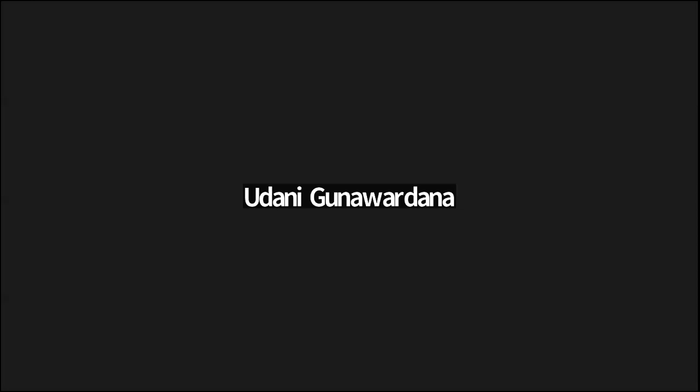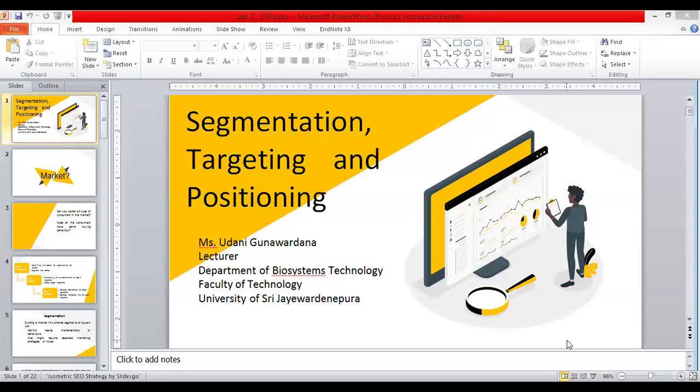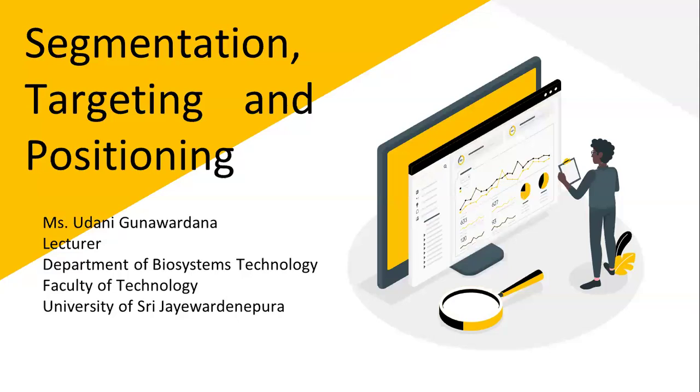So then we are moving to the next part, that is segmentation, targeting, and positioning. Okay. So now, under this segmentation, targeting, and positioning, you have developed the product using all the marketing mix strategies.